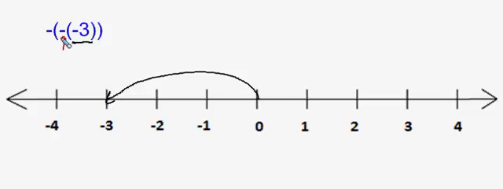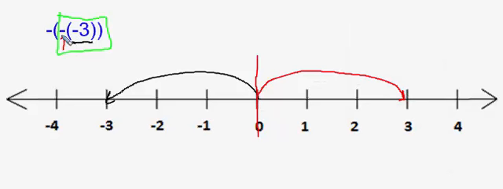The opposite of that would be 3 units to the right of 0. So you could think of this line in the middle as a reflection line, and you can reflect that over here. And that would look like this, so that you'd be looking 3 units to the right of 0. So the opposite of -3, this entire thing, came out to be +3.